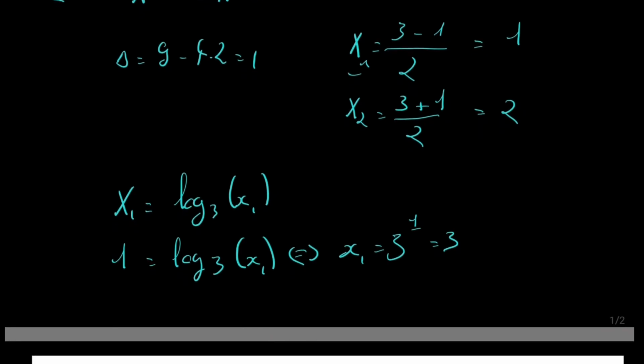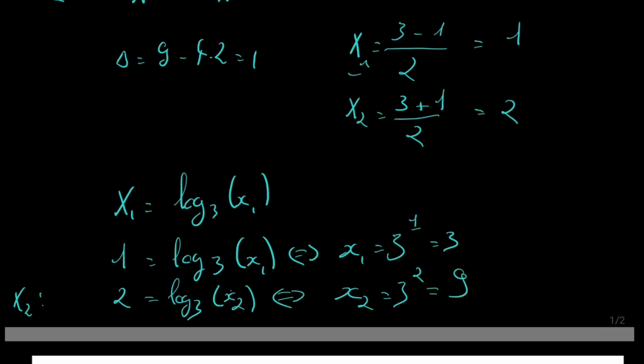If we do the same thing for the other one, for X2, we will have 2 is equal to log 3 of little x2. And this is equivalent to x2 is equal to 3 to the second power, which is 9. And we have two solutions for little x, which was the question.